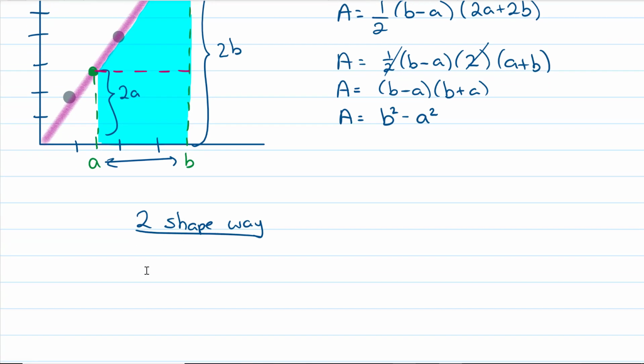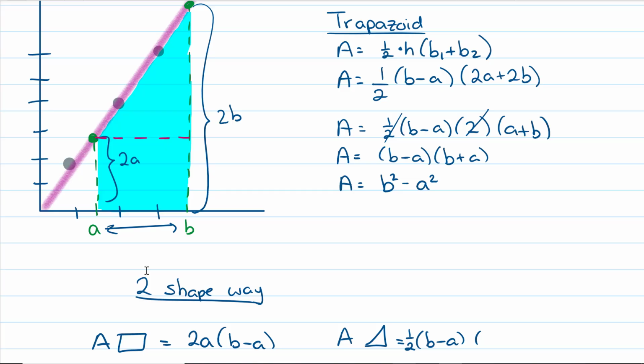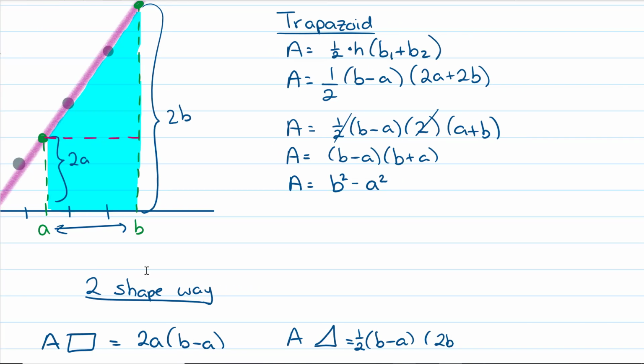Well, the area of the rectangle is going to be 2a times b minus a, and the area of the triangle is going to be b minus a times 1/2 times 2b minus 2a. Because this distance is 2a, and I just want this distance.